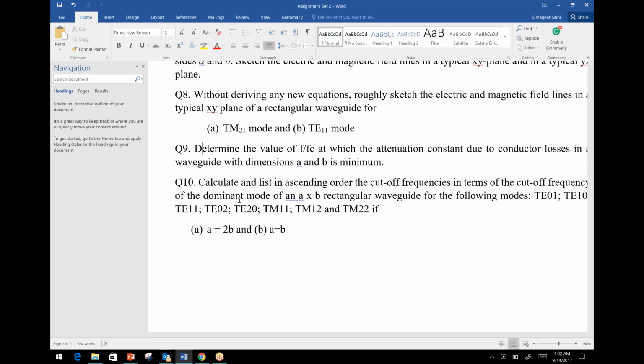So take a look at this, start practicing these questions. I will put more questions within the same assignment by tomorrow. These are good questions to warm up. Make sure you understand the cutoff frequencies, the wave impedances, the wavelength within the waveguide, things like that.